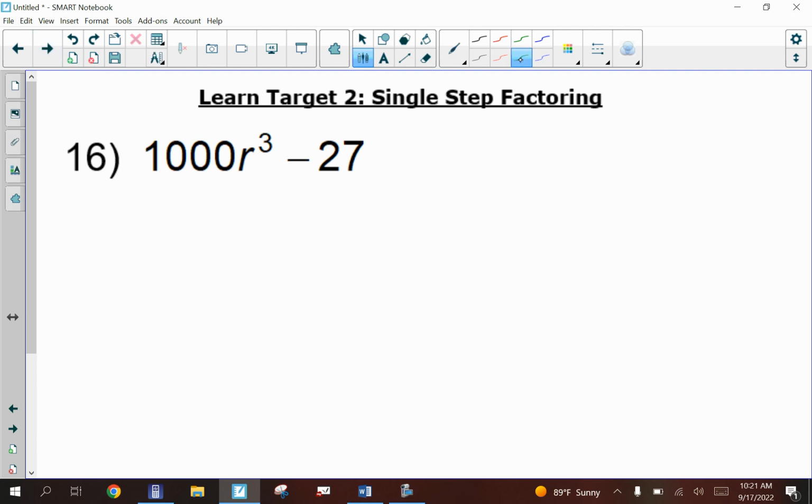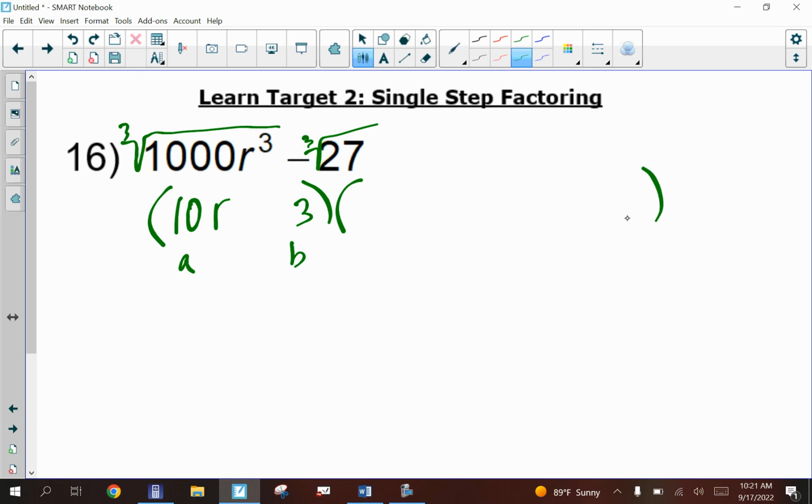I want to show that to you again. I can tell this one is going to be a cubes problem because it's got the 3 on it. If I cube root all of this stuff, it gives me 10r for the first spot. And if I cube root this right here, that's going to give me a 3 for the second spot. So this is spot A and spot B, and we're going to have the bigger parentheses over here. So it'd be A times A, A times B, and then B times B. A times A would be 10r times 10r, so that's 10r squared.